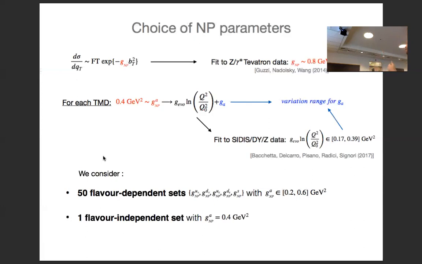So considering u valence, d valence, u-sea, d-sea, and all the rest, we tried to vary this non-perturbative factor around 0.4. And we created 50 flavor-dependent sets around the central value of the flavor-independent set of 0.4, more or less randomly, with this factor between 0.2 and 0.6.